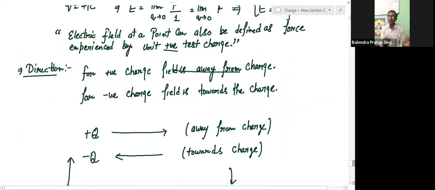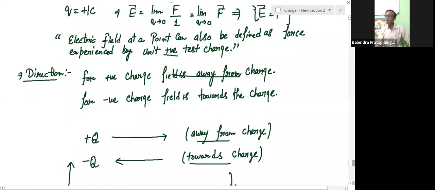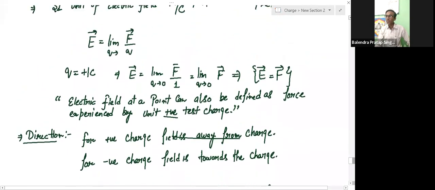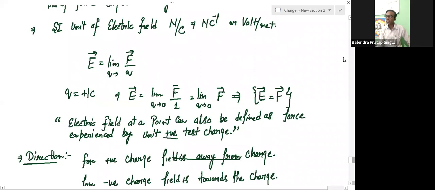Okay, the direction is along the direction of force. For positive charge it's away from the charge, and for negative charge it's towards the charge. Okay, so these are the points which we considered in our last class.